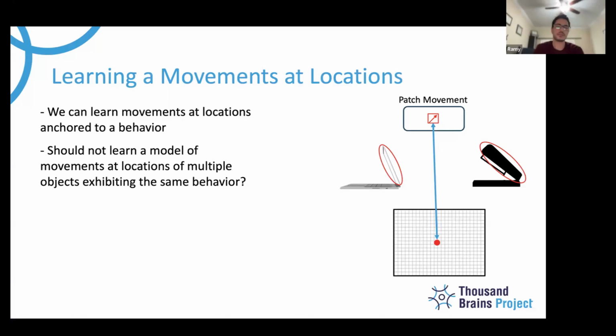I agree. So you learn it someplace, and we can associate a whole behavior with an object, but the behavior has its own reference frame and the object has its own reference frame. We can associate the behavior ID, let's say, with a location on the object. But now I can apply that behavior to other objects, right?